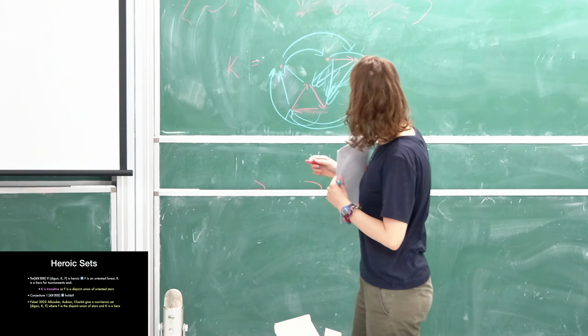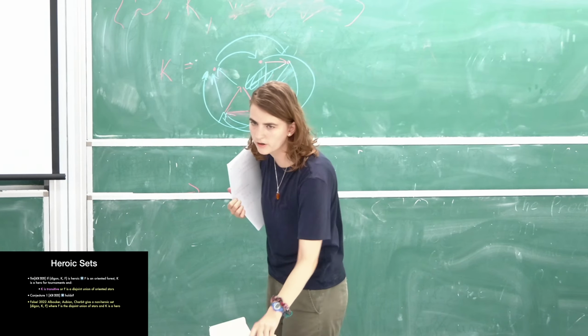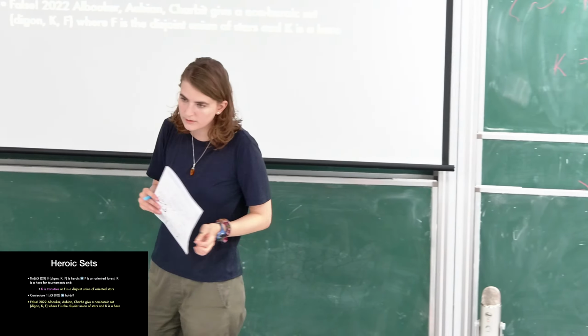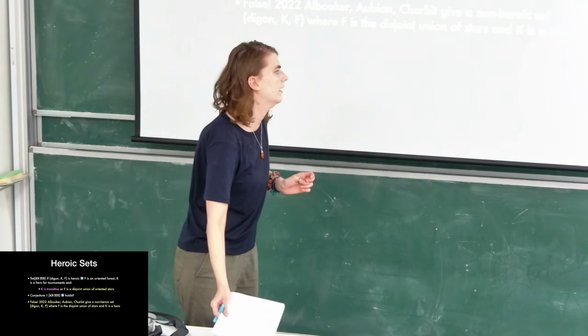So this tournament, which is a little hard to see, but basically the point is that they have counterexamples on 6 vertices, and they have 4 of them.